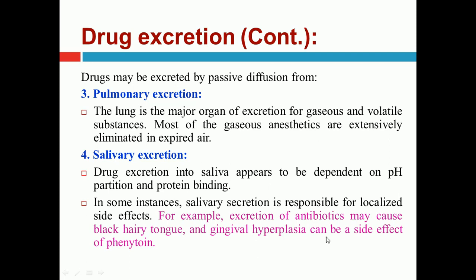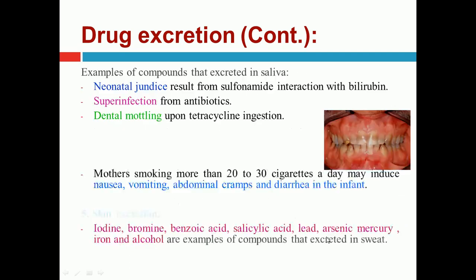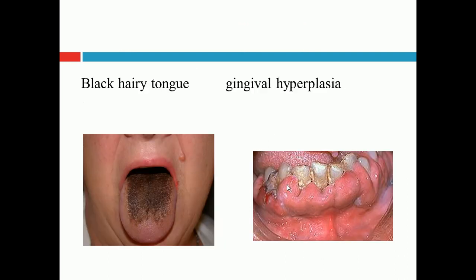Gingival hyperplasia is a side effect of phenytoin. Here you can see this is the black hairy tongue, while this is gingival hyperplasia. You can see the gums have swollen.